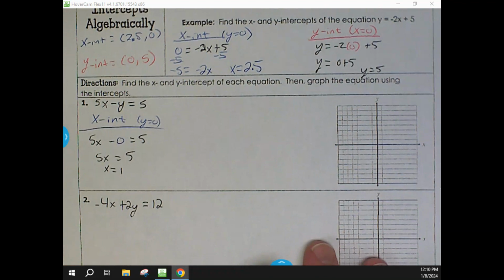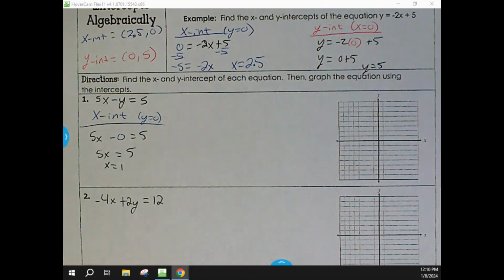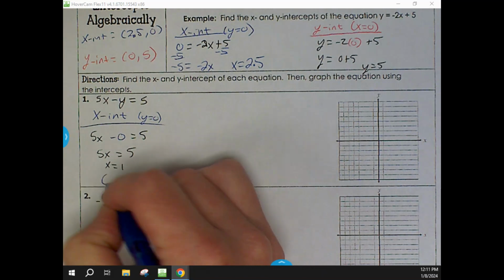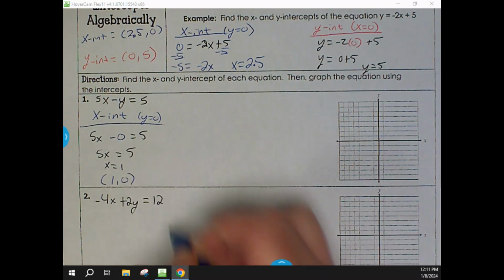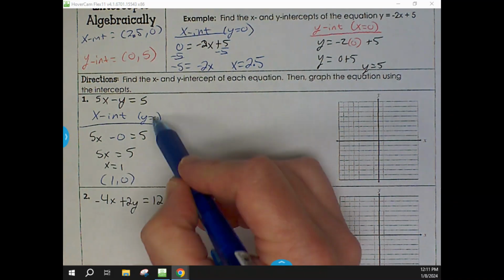Sometimes, and again, we're doing this with Math Excel, they'll let you just put in a number like that, but most of the time they're going to make you write it as an ordered pair. Again, x is always first, the y will go second.